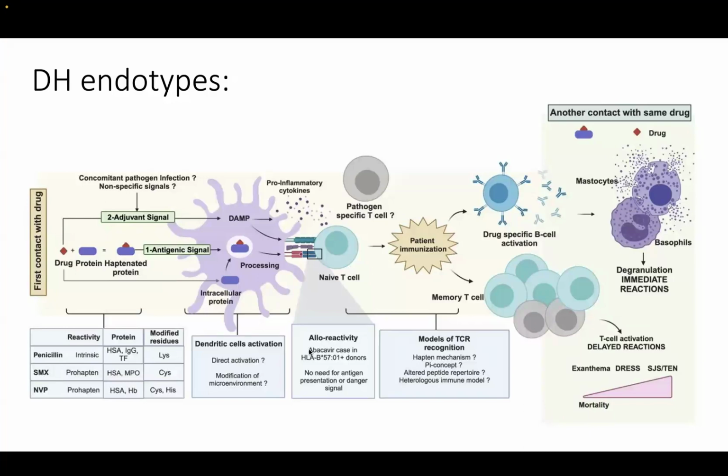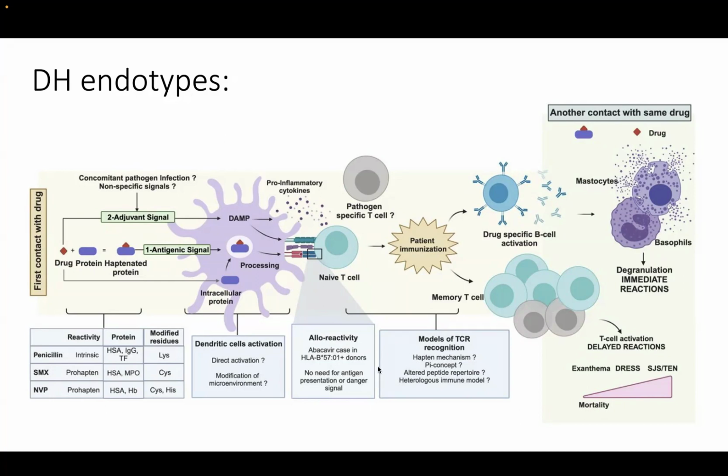And this also happens when the patient has a specific HLA. So the example of this is a patient with HLA-B*5701 who's at risk to develop a reaction to abacavir. So this is alloreactivity or propensity to develop because of this HLA.